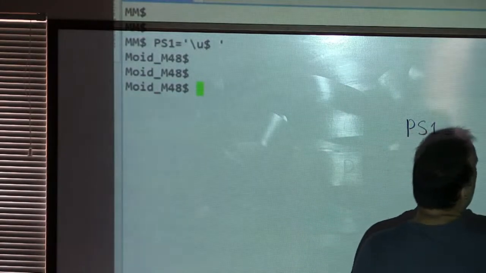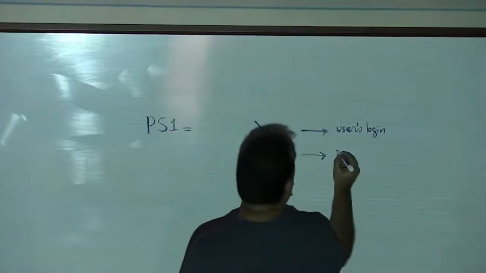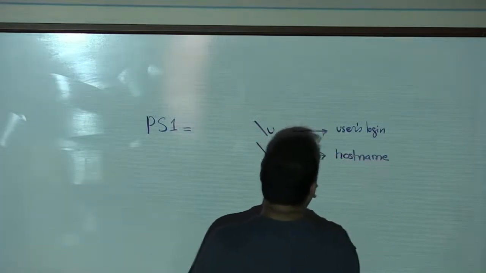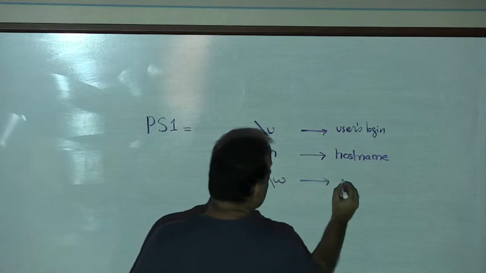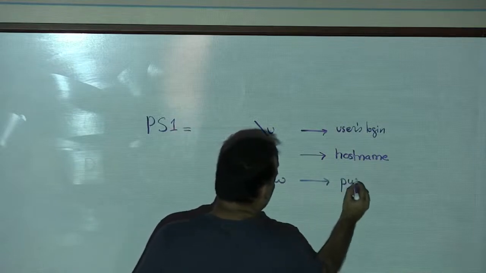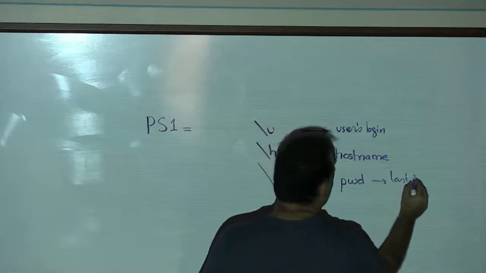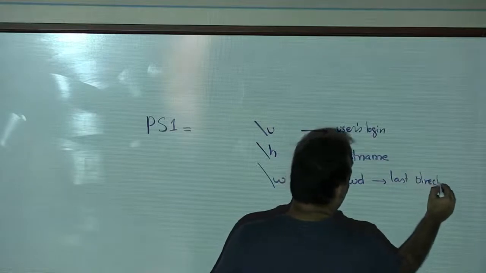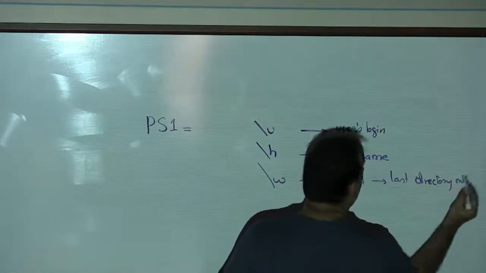Now if you say I want to have the host name, that is \h for host name. If you use the small w, this is the present working directory, the last directory only.